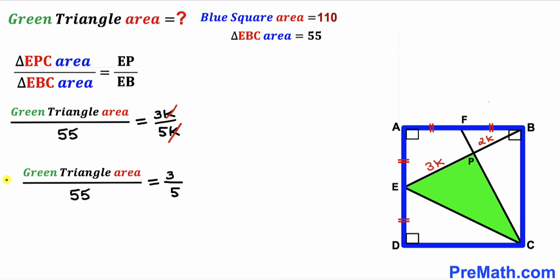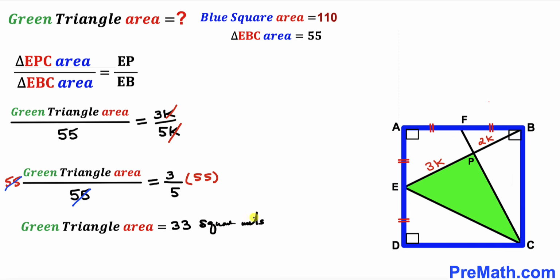Now I'm going to multiply both sides by 55 to remove these fractions. Here 55 and 55 are gone, and if we multiply and simplify the right hand side, that gives us 33. So we conclude that the area of this green shaded triangle EPC turns out to be 33 square units.